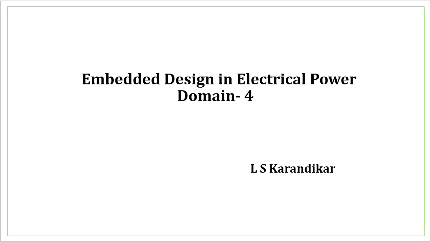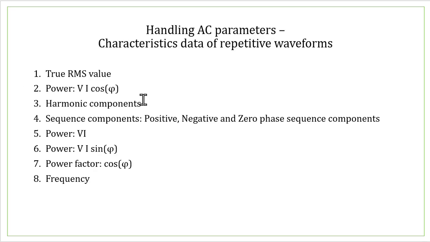We have seen how to get the RMS value and how to calculate active power, that is VI cos phi, and today we will see how to calculate harmonic components of a waveform. Harmonic components arise in any repetitive waveform when it is not a pure sinusoid.